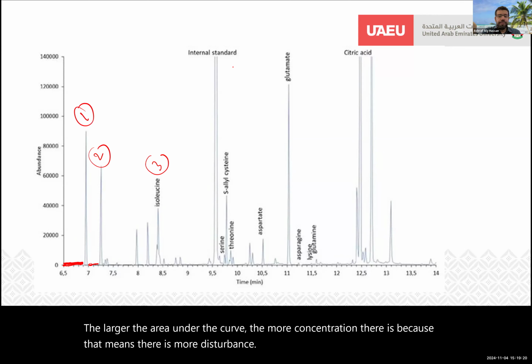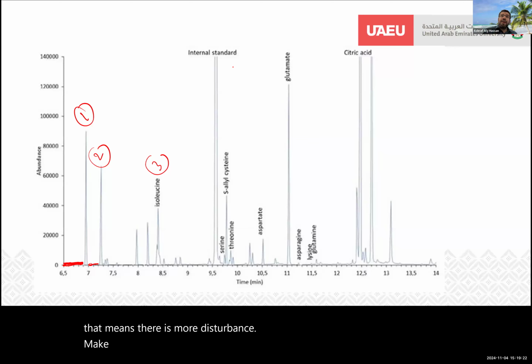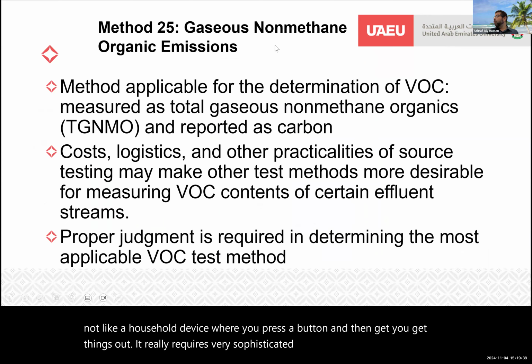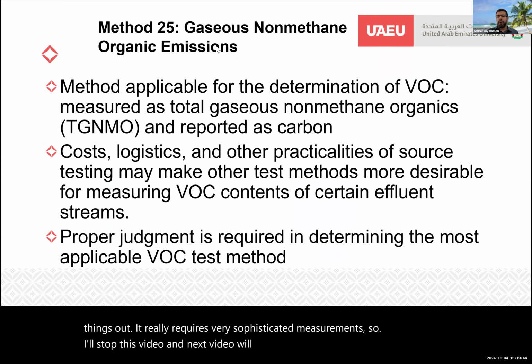Make sense? So the idea itself is easy, but the implementation is really hard. It's not like a household device where you press a button and then you get things out. It really requires very sophisticated measurements. So I'll stop this video, and the next video will be about method 25, and we'll do it inshallah next class.